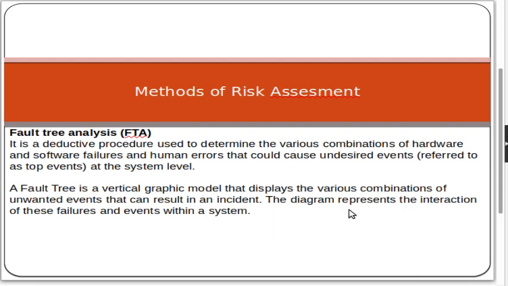The diagram represents the interaction of these failures and events within a system as well. Basically, friends, fault tree analysis is a tree-based system in which we use the failures and human errors and try to find out the possible outcome. This is fault tree analysis.